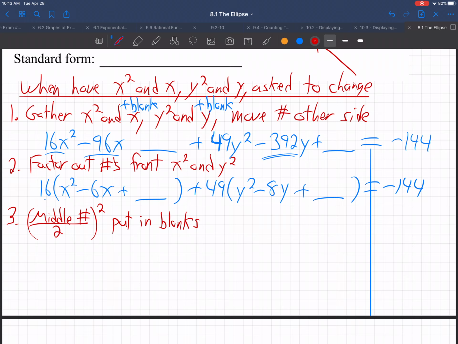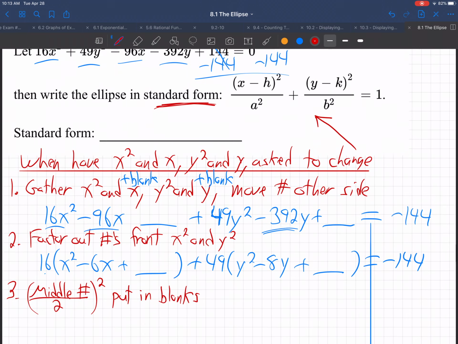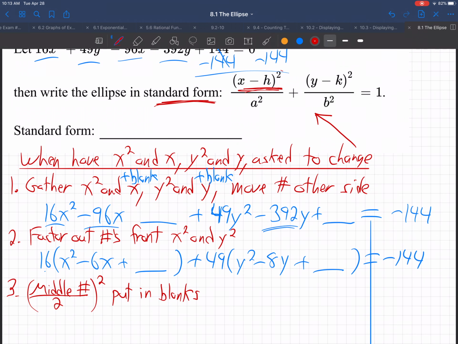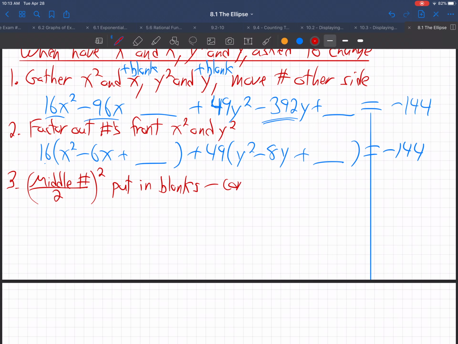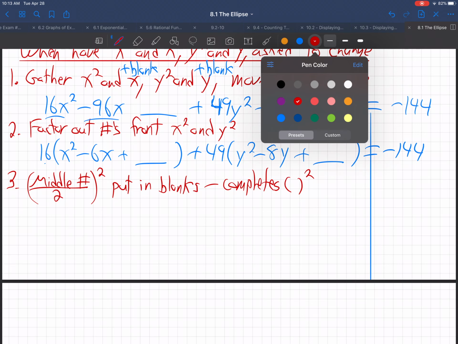So this is called completing the square. This process is called completing the square because we're trying to make it squared, second power. This completes the second power. It makes it a second power. Let's see it in action.